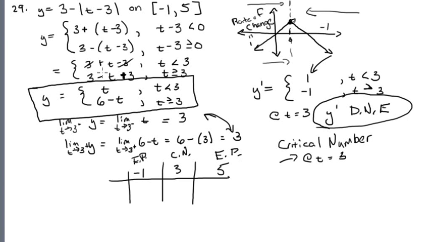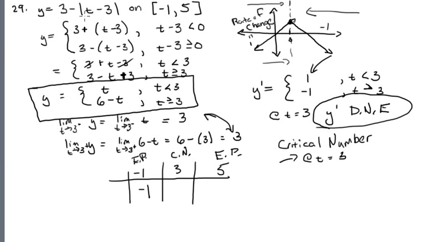All we have to do is evaluate what the function is at each one of these. So we get 3 minus the absolute value of negative 1 minus 3. Negative 1 minus 3 is negative 4. The absolute value of negative 4 is 4. So 3 minus 4 is negative 1. At 3, it is 0, right?